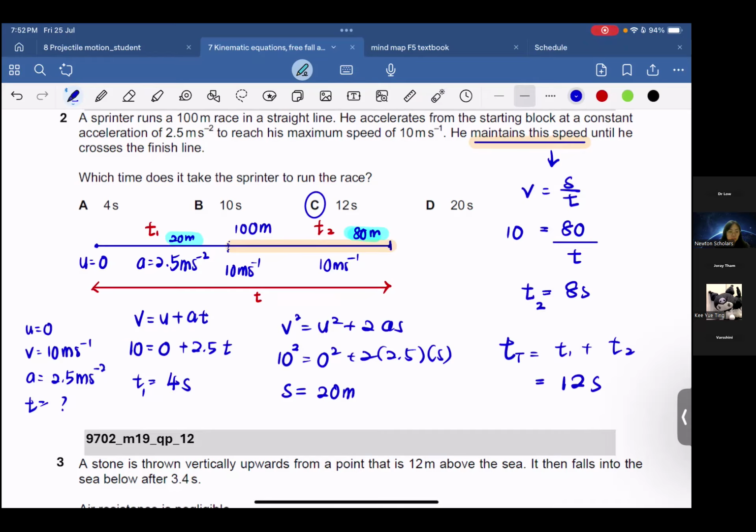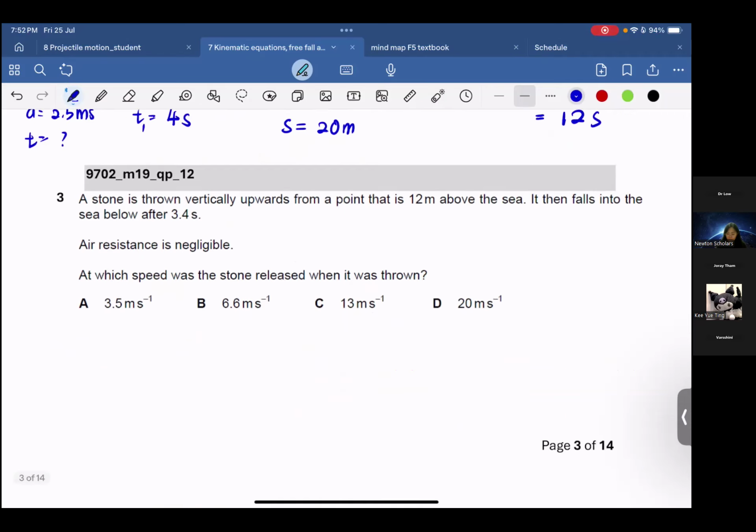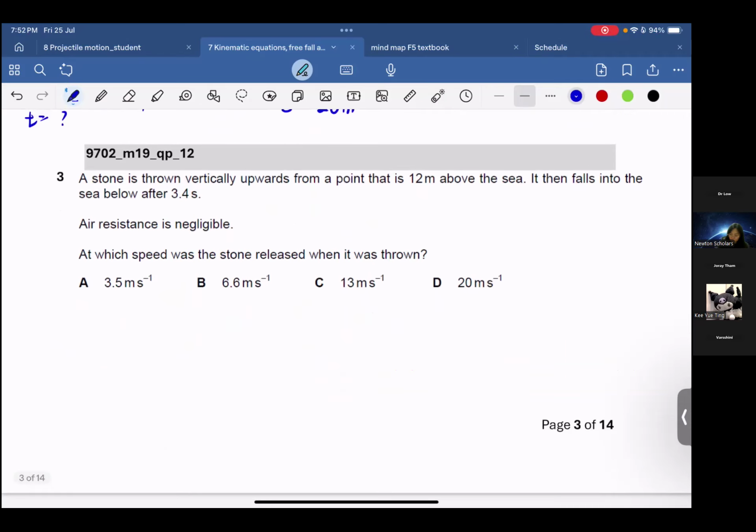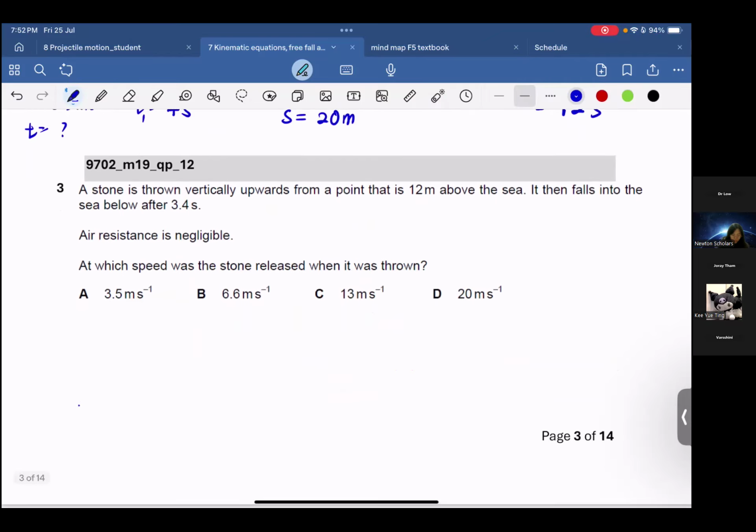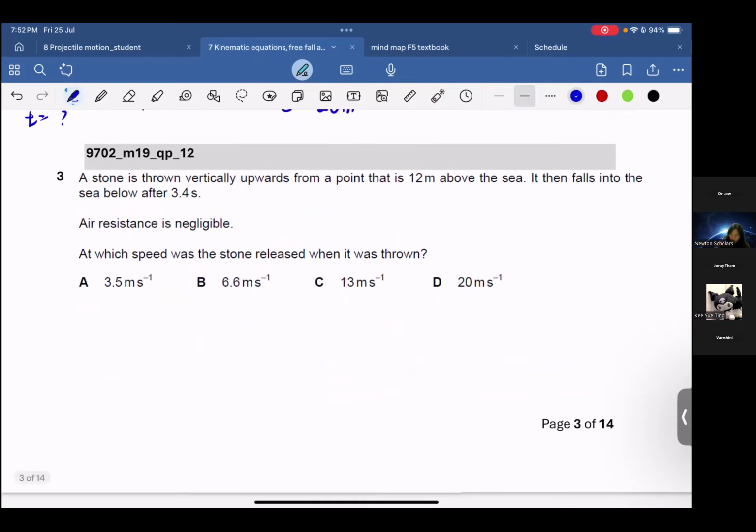Okay, until here, any question? If no question, I'm going to proceed to question number 3. Okay, here, number 3. A stone is thrown vertically upwards from a point that is 12 meter above the sea.